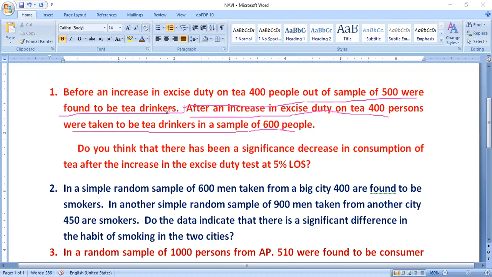Then after completion of the second step, go for the third one, that is the test criterion. In the test criterion step, we have to write the complete formula. That is, the standard error of P1 minus P2 is equal to the square root of P Q into 1 by N1 plus 1 by N2. So here N1 information is there and N2 information is there. P information is not given and Q information is not given.